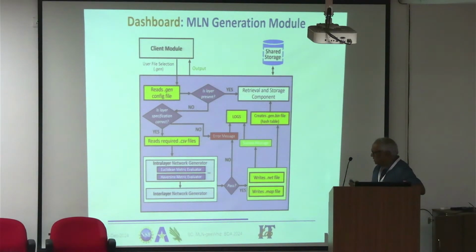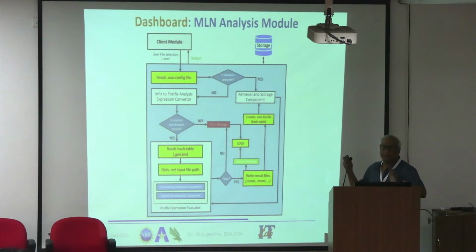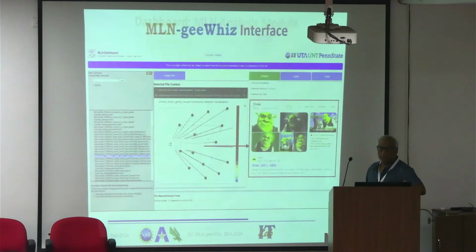So we support about 10, 11 similarity metrics that can be used for creating your graphs. And these metrics, more metrics can be added into the system in a modular fashion. And then we create it, we store it, and that's what it is. Similarly for analysis, so I will not go into the details of it.